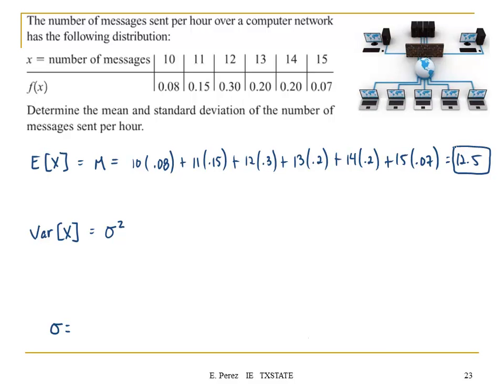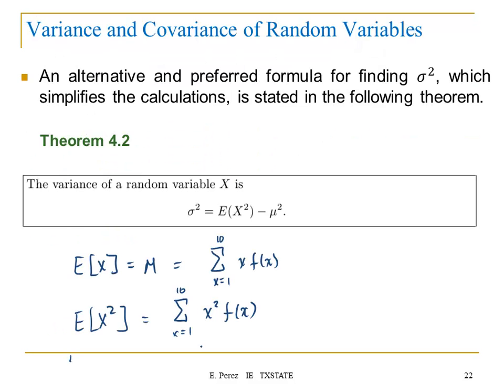Okay. Now, to get the standard deviation, you need to find the variance first. There are two ways that you can get the variance: the one that we discussed with the example, and the second way, using this expression.